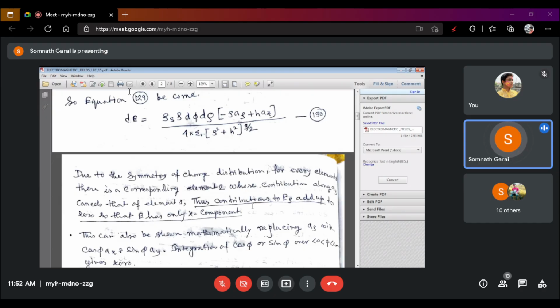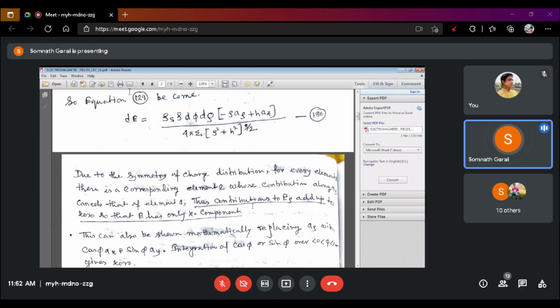Thus the contribution of E rho, the electric field intensity along the rho direction, adds up to 0.